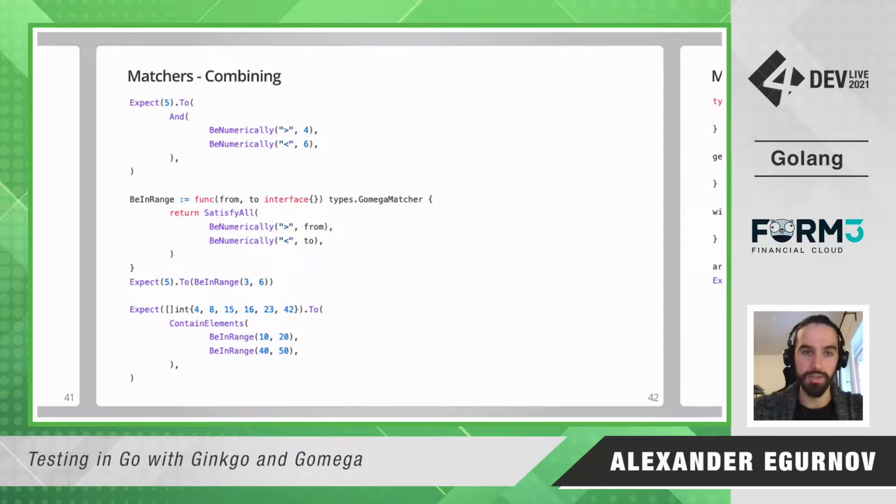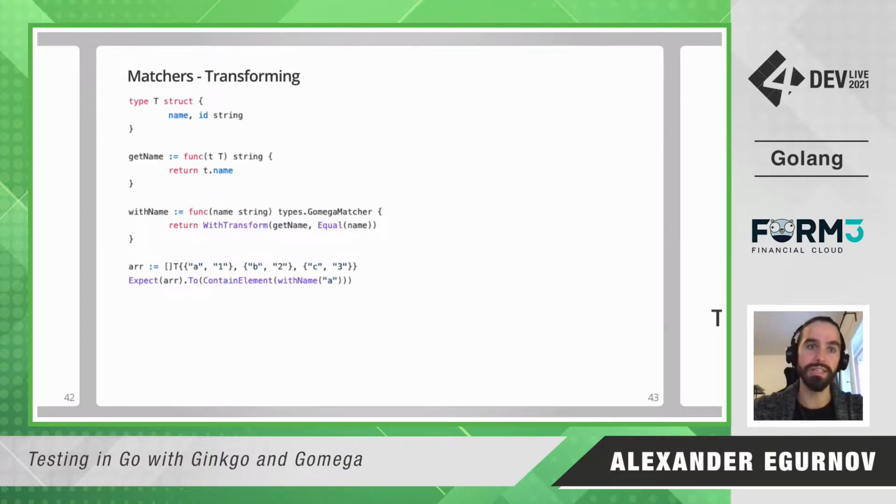I just need to know that there are such things. And you can write it in just one line. Here it's broken into several lines for readability, but it makes a very powerful domain-specific language. Right. You can also transform stuff. So if you ever find yourself needing to access a property of some object, you can do it with matchers as well. So this allows you to write very powerful matchers.